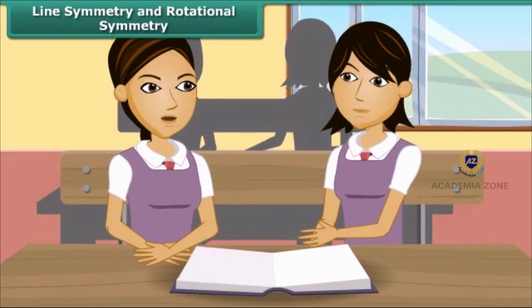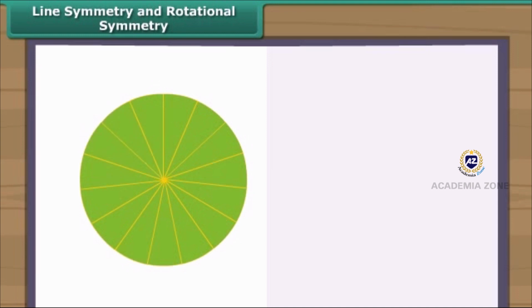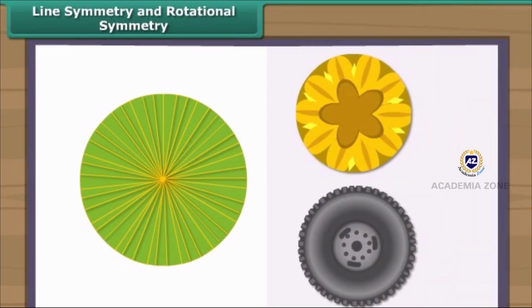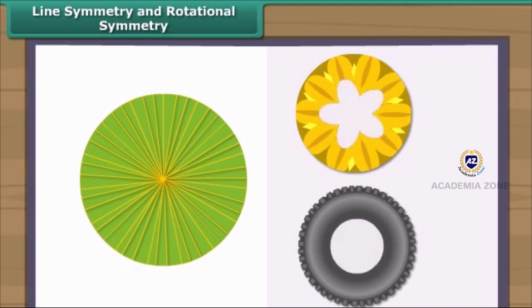Is it the circle? Yes, the circle is the most perfect symmetrical figure. It can be rotated around its center through any angle, and at the same time, it has an unlimited number of lines of symmetry. Observe these circle patterns. Every line through the center forms a line of symmetry and it has rotational symmetry around the center for every angle.